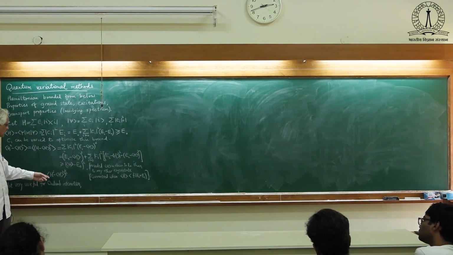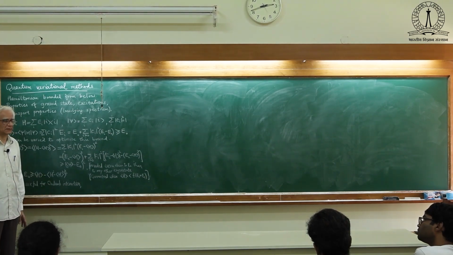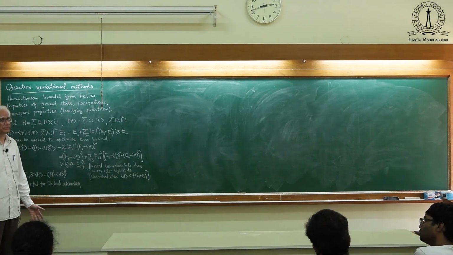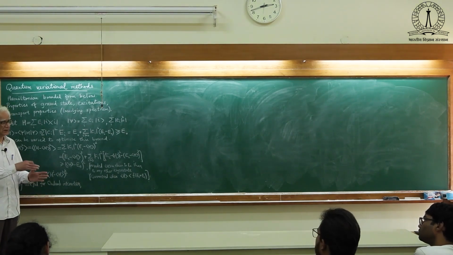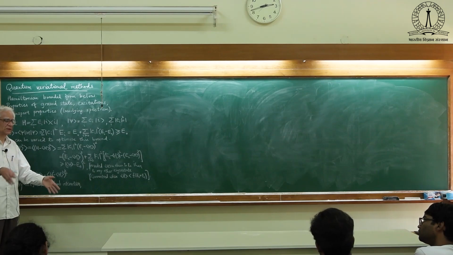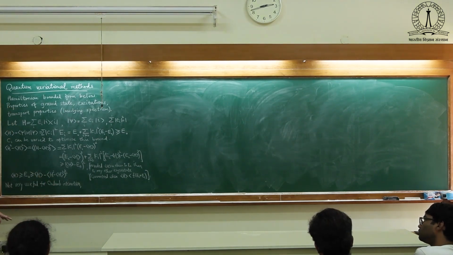All you will get by taking a square is two steps, so next to nearest neighbor interaction. That's all. Higher powers of the Hamiltonian will just give you one more step in the interaction, nothing worse than that.